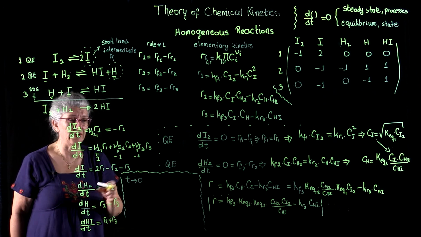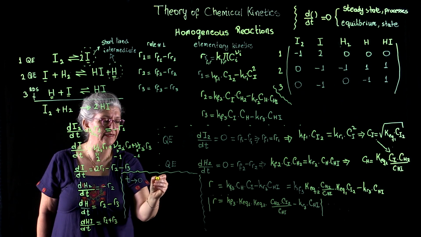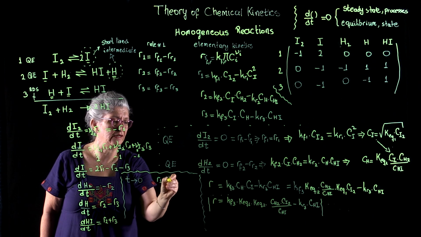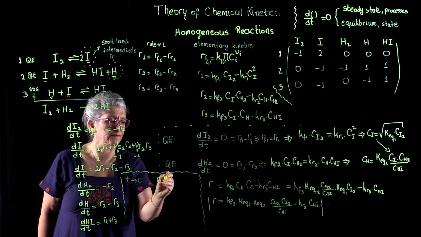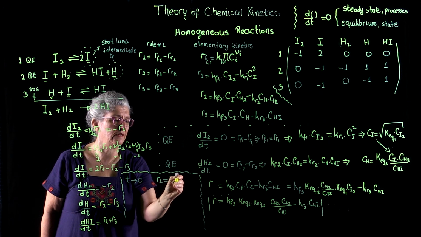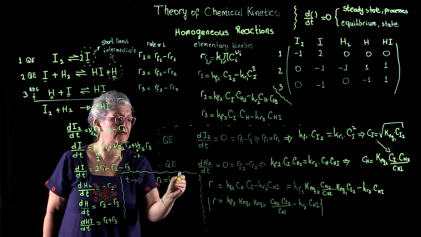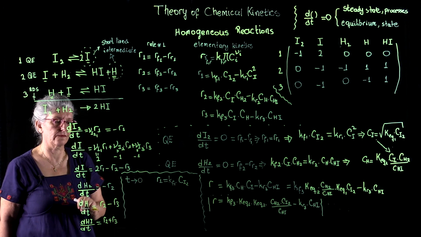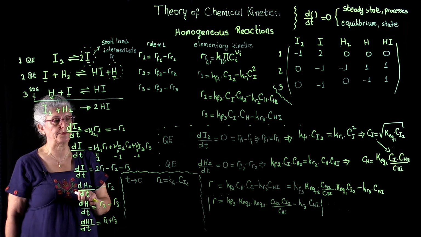So at time approaching 0, rate 1 is actually only K forward 1 times C_I2 when time is equal to 0.